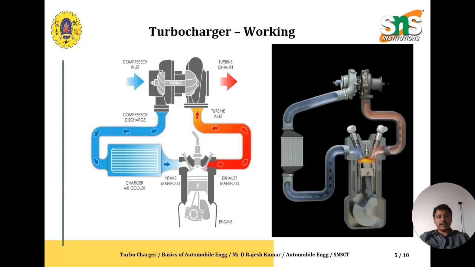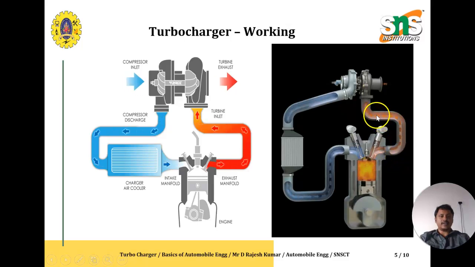You can see how the turbocharger is used here. What happens here is the exhaust gas is used to spin the turbine. So the turbine is used to spin, and during spinning it sucks the air and then it is compressed and then it is sent to the inlet of the engine.